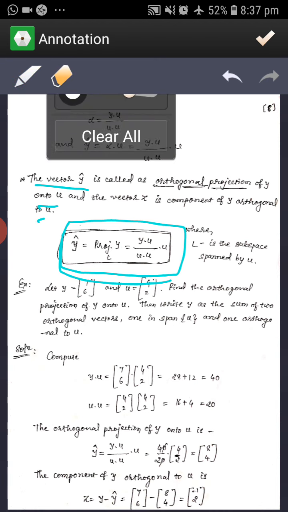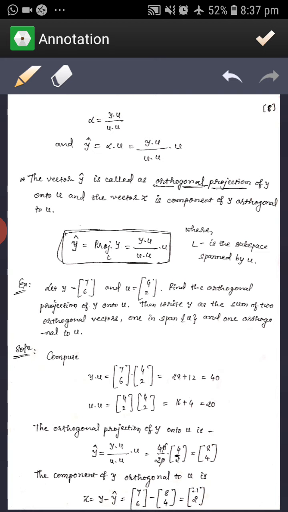So the projection y cap is calculated as y dot u divided by u dot u into u, and z we call the component of y orthogonal to u. This is how to calculate the projection of one vector on the other vector.